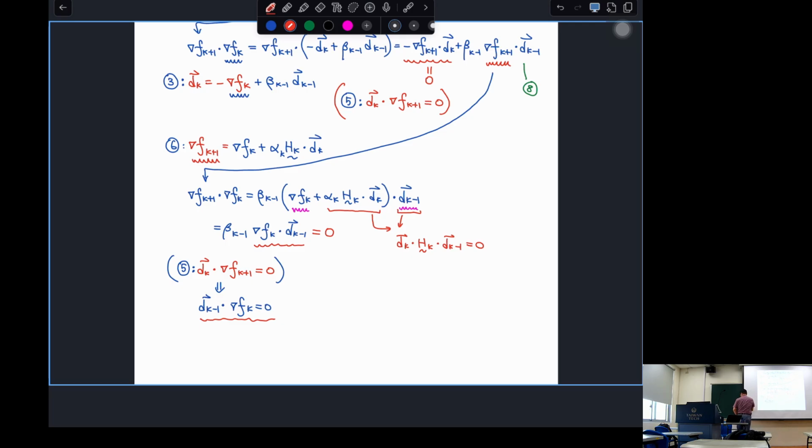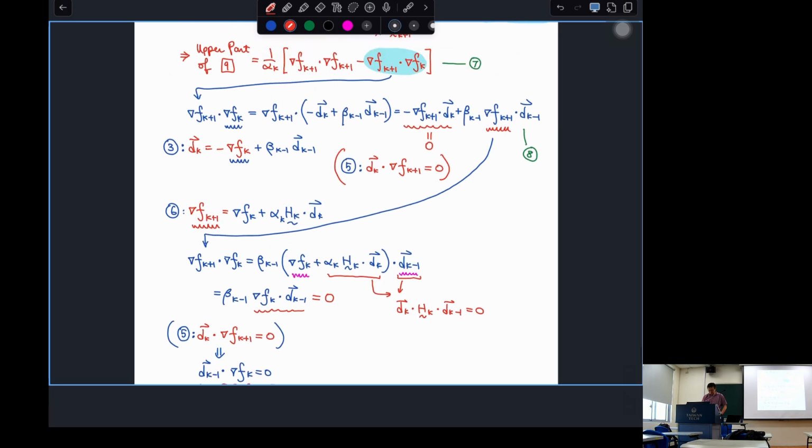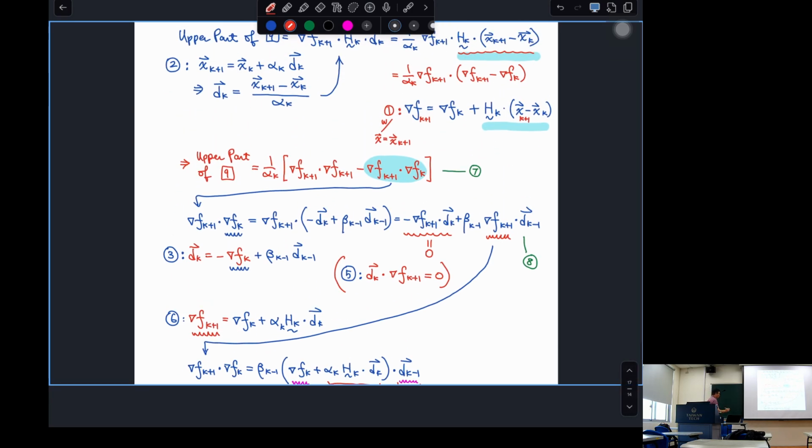So eventually, this very complex term is greatly simplified to the only non-zero term right here. The light blue area, the whole thing at the bottom right here, becomes 0. So the upper part of 9 equals this first term only.